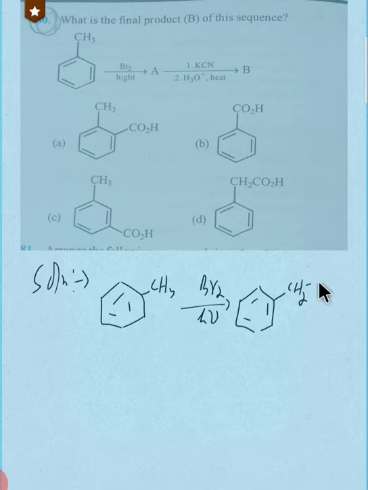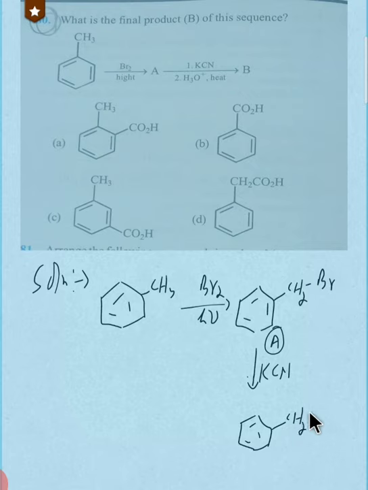This is our Br. This is our A, and this A is reacted with KCN. Br will be substituted by the nitrile group, so we will get this CH2CN.